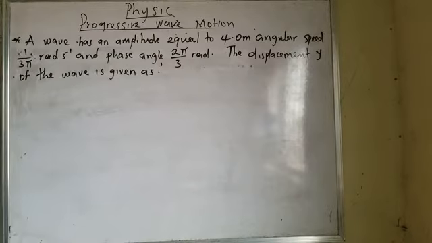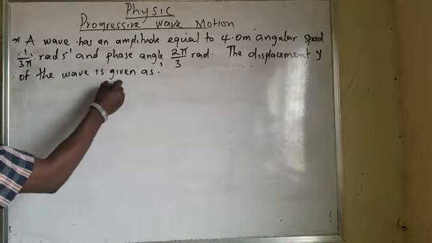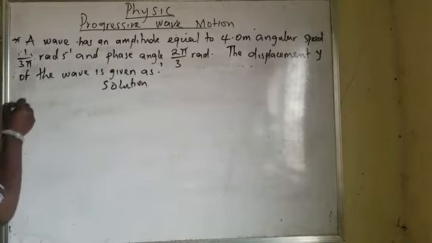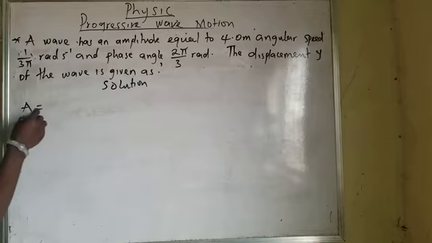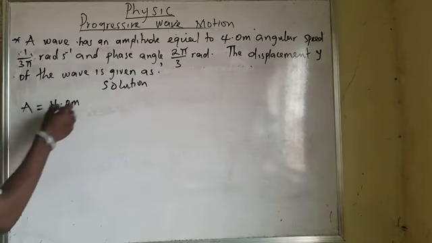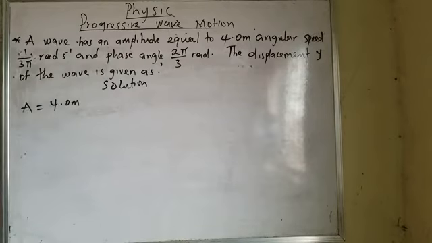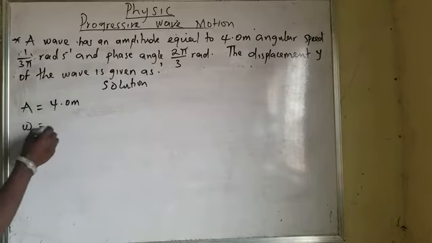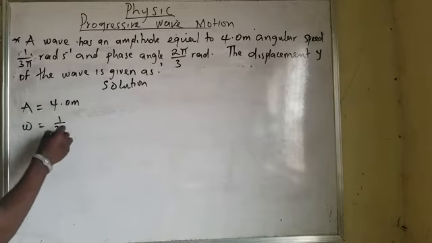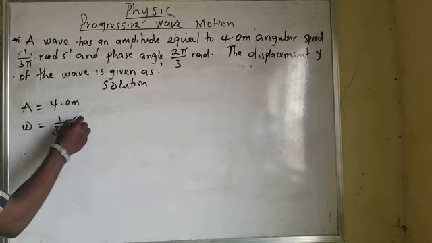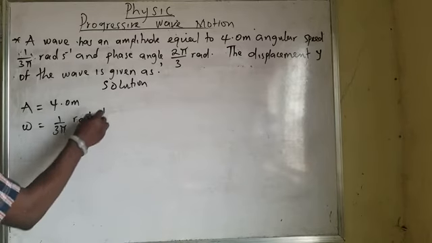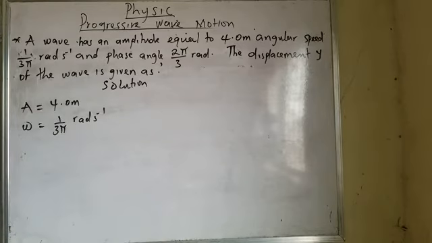Now, if I were you, my amplitude, you know what is called amplitude. My A, which is amplitude, is 4.0 meter. Now, my angular velocity is 1 over 3 pi rad per second. What else do we need to do here?